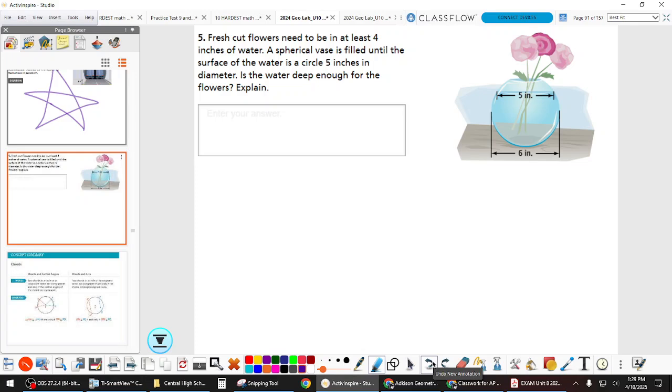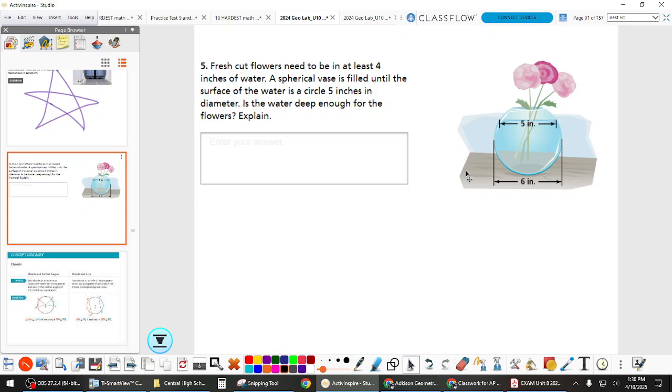How well do you think you could draw that picture? Obviously the flowers part doesn't have to be there, but do you think we can draw it in your example section? Yeah, let's do it. Try. Just a circle. I'll help you out.